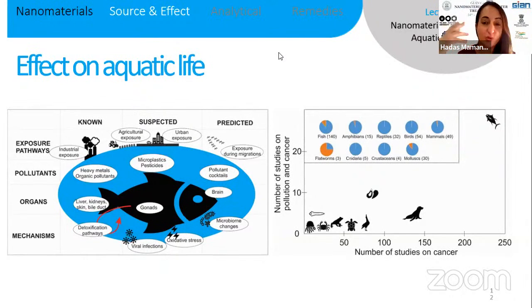So oxidative stress that is induced by the presence of nanoparticles in the aquatic environment can also result in DNA alteration. So this is a huge impact that, of course, must be considered when we want to understand the nanomaterial behavior in the aquatic environment.